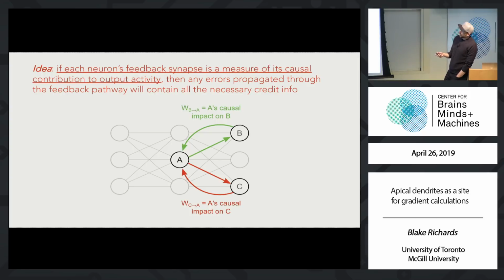Another way of phrasing that is that if I have a positive causal impact on B, then I want B to have a positive causal impact on me. And if I have a negative causal impact on C, I want C to have a negative causal impact on me. So we can view this as a sort of causal inference problem.